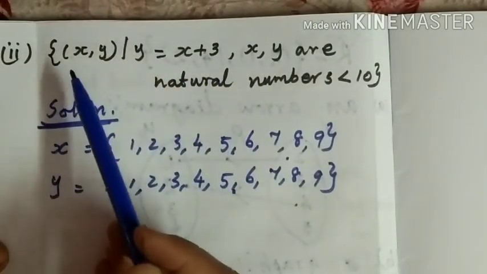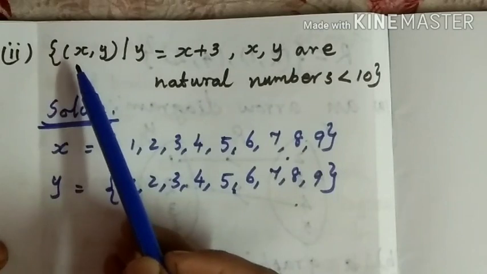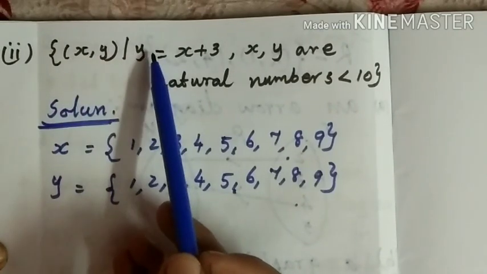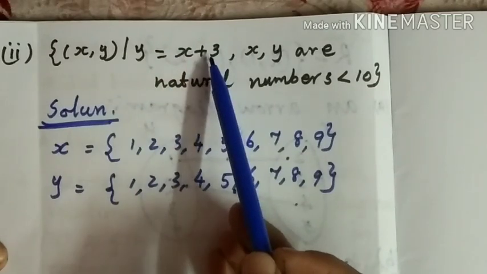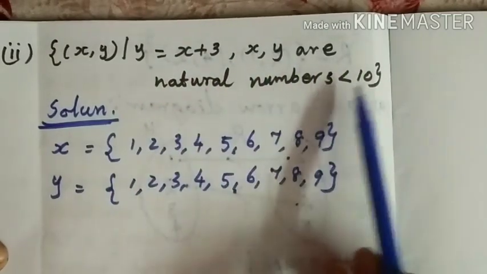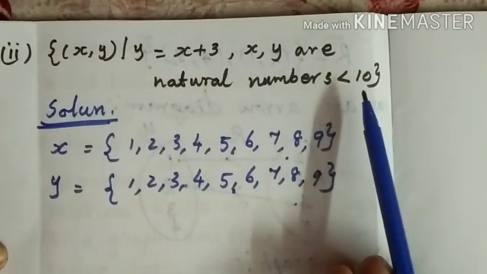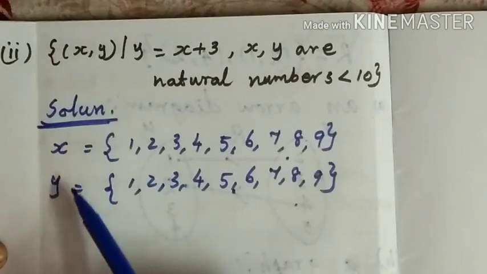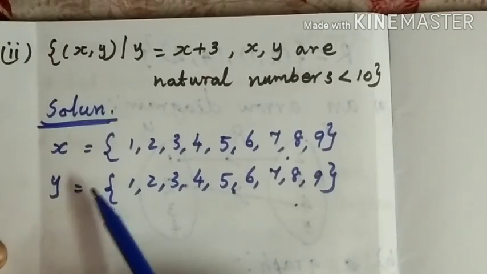See, in this question, the relation is the set of ordered pairs (x, y) such that y equals x plus 3, where x, y are natural numbers less than 10. Solution: first you take down and write the elements of x and y.